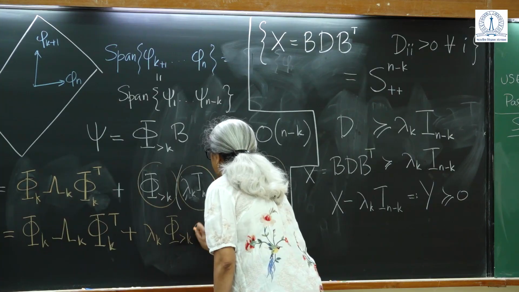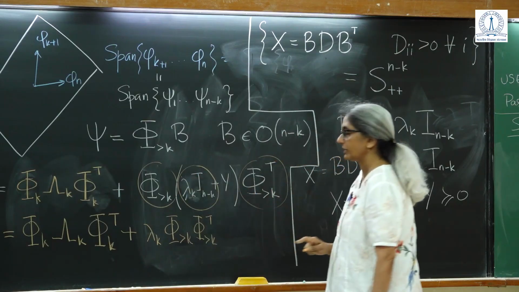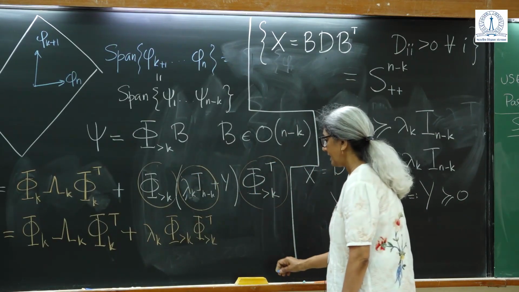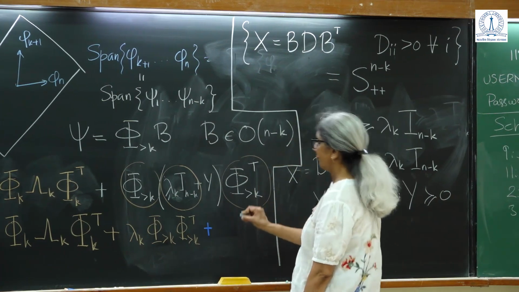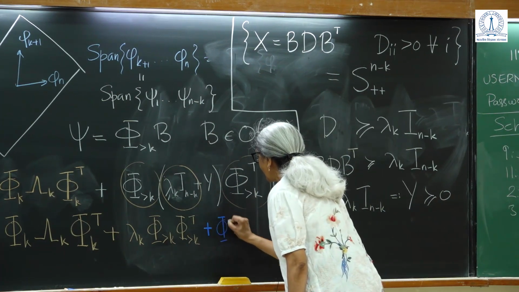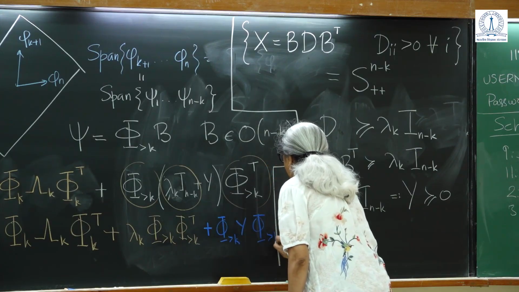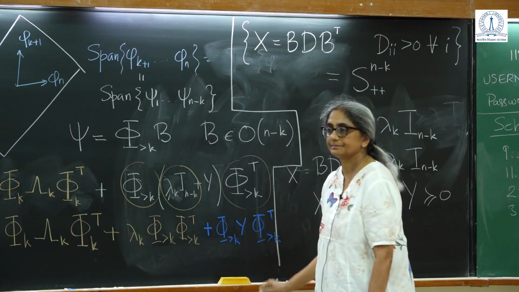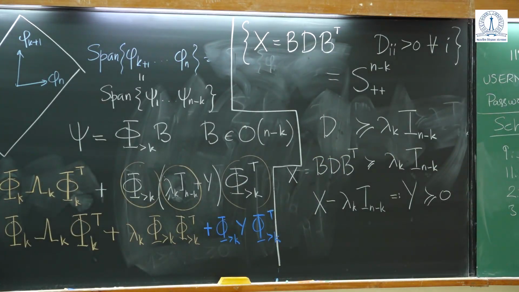So I have phi bigger than k transpose that came from all the orange pieces. And then I'm left with the part that I have freedom on, which is phi bigger than k, y, phi bigger than k transpose. Okay? So that's basically the structure of the Laplacian.